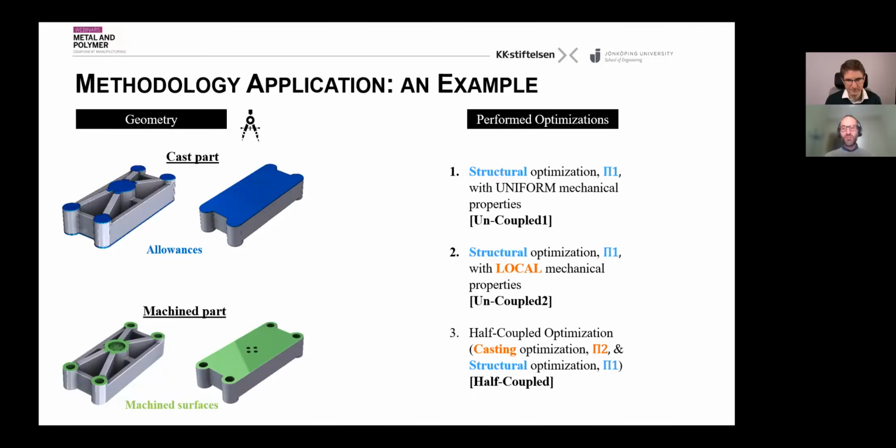The second step was the structural optimization, but introducing local mechanical properties, both stress-strain relationship and strength. The third was the half-couple optimization, where we started from the casting technology optimization, then moved the result to the structural optimization, trying to connect more and more these two fields.